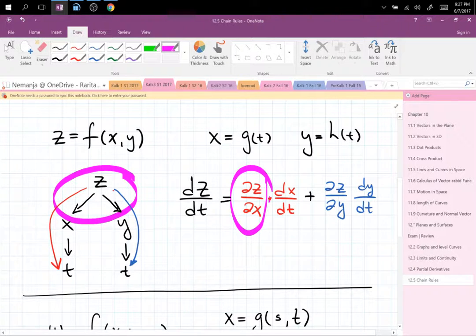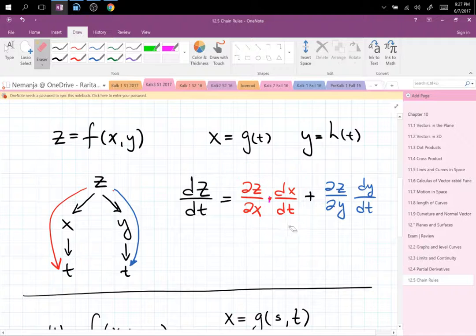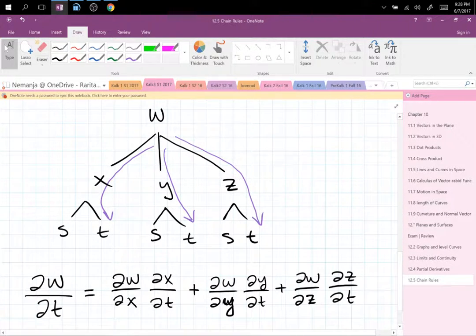Every time you go straight through, you have these guys. The last example we did only has branching. It doesn't have a straight throughs anywhere.